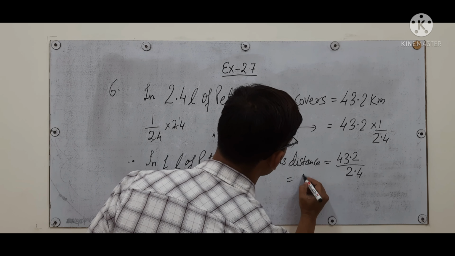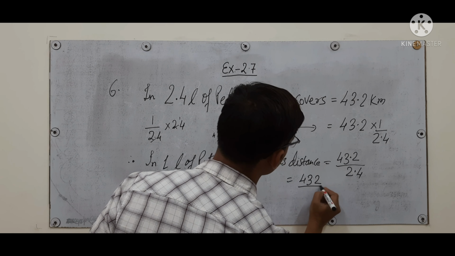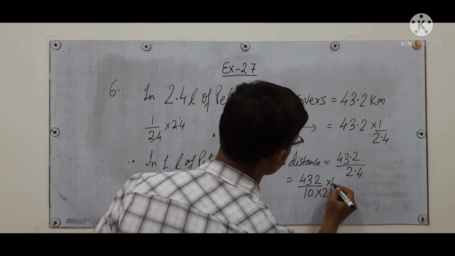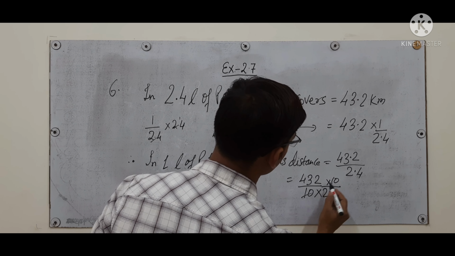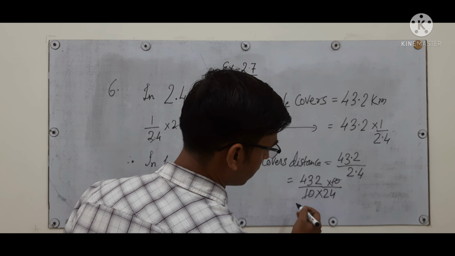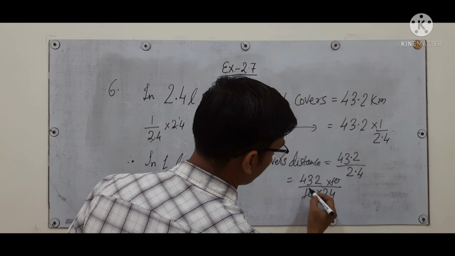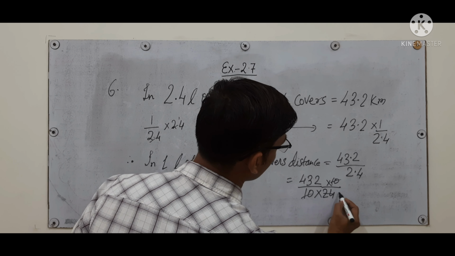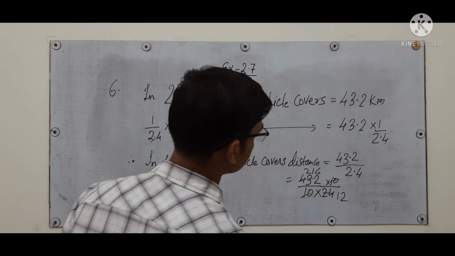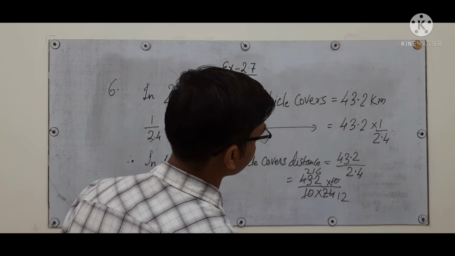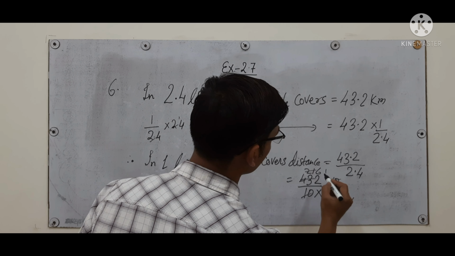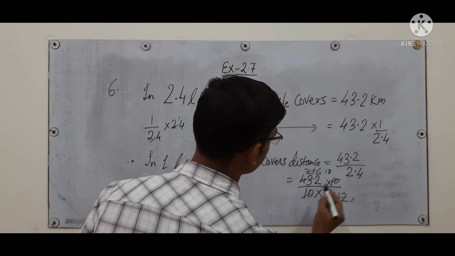So it will be 432 upon 10 cross 24 upon 10. So 10 upon 10 will cancel, and now we will solve it. 2 fours, 2 sixes are 12, and 12, 12, 12 the answer.